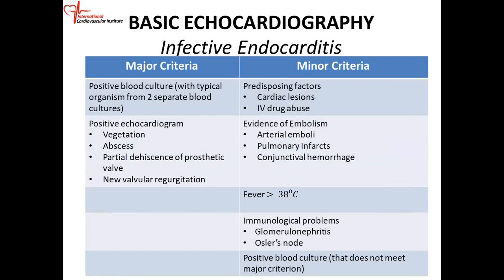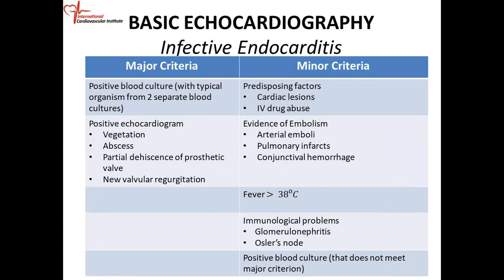But when we say blood culture, it has to be one of the typical organisms, and it has to be from 2 separate blood cultures, because you can have contaminants. Remember, there are bacteria on the skin, so you can have contamination when you take the blood cultures.